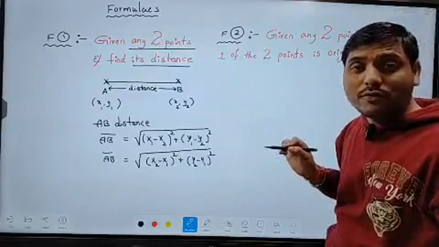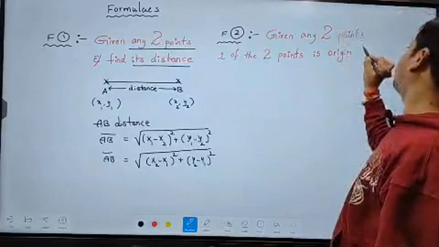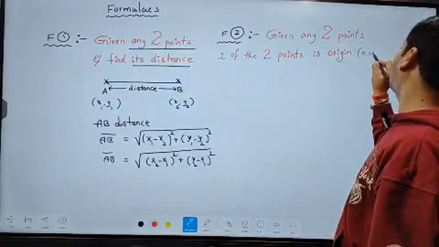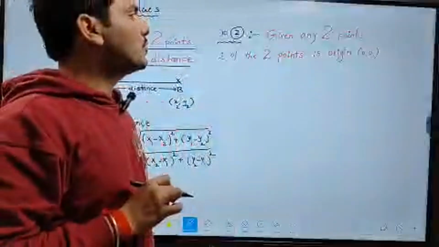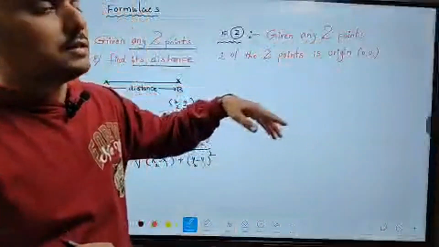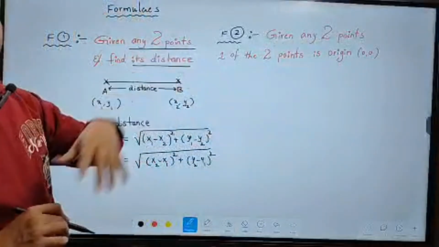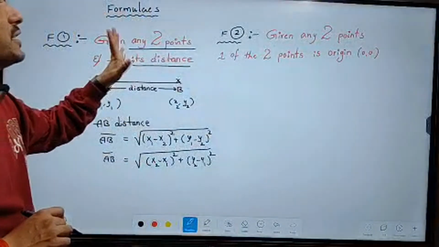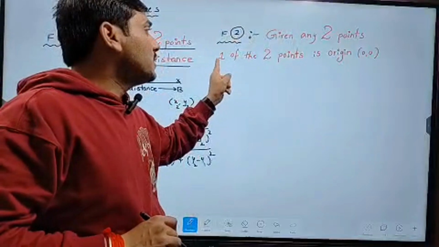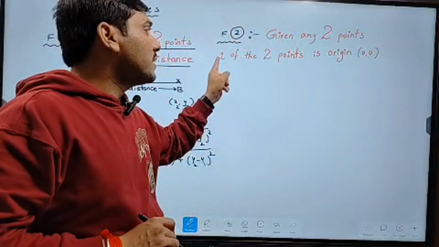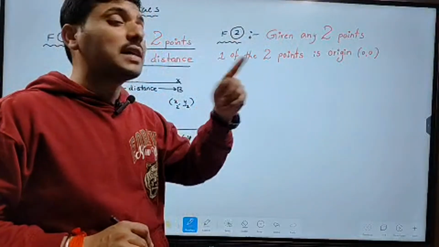What is the origin value, students? Origin value is 0, 0. Given any 2 points and find its distance. But here one more condition is there: one of the 2 points is the origin.